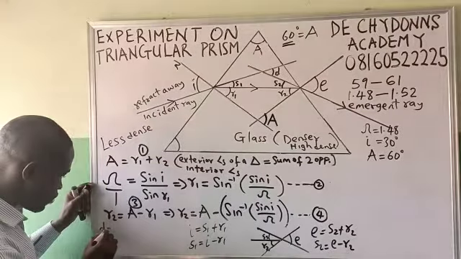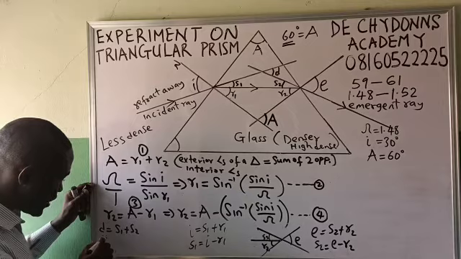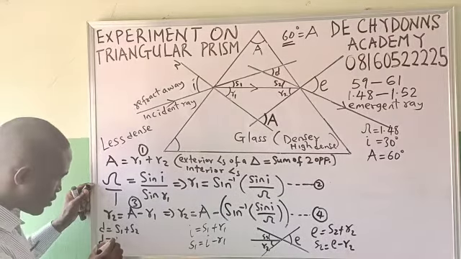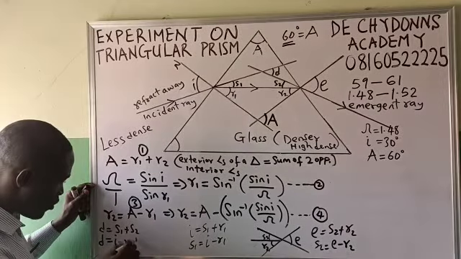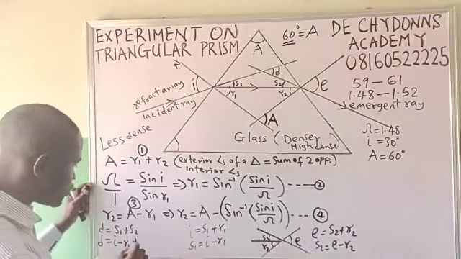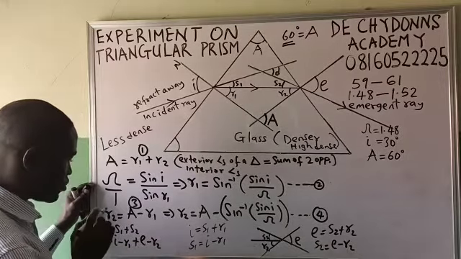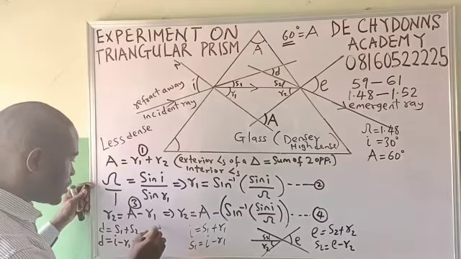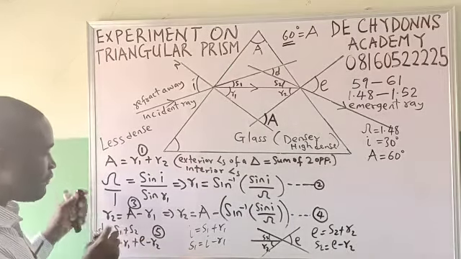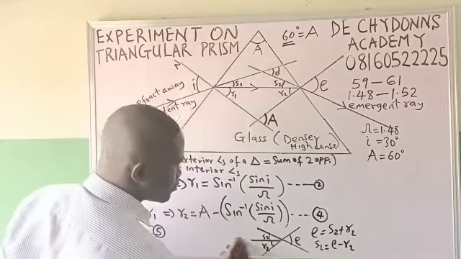What is our S1? I minus R1, plus what is our S2? E minus R2. We now call this formula 5, which we are to remind ourselves about.